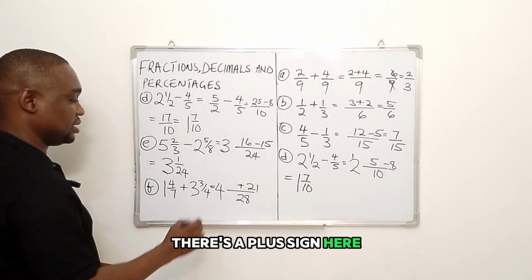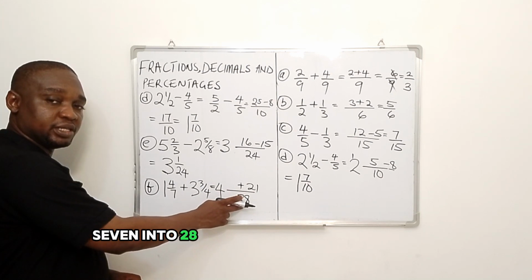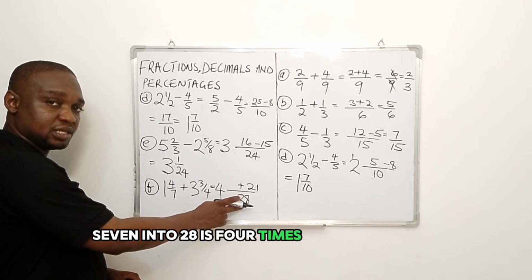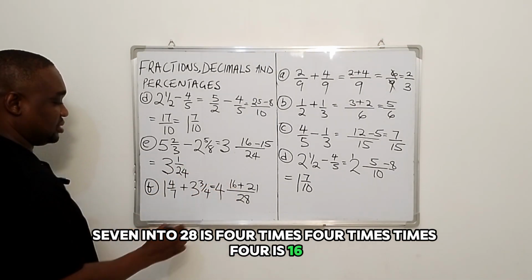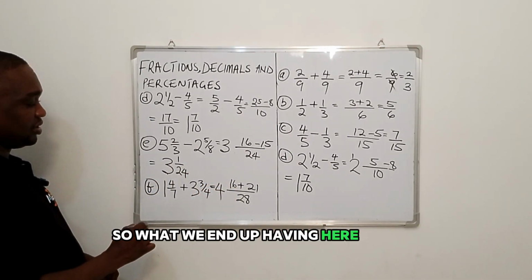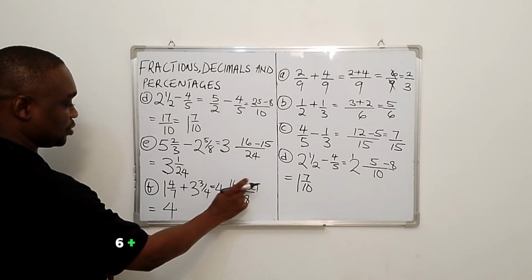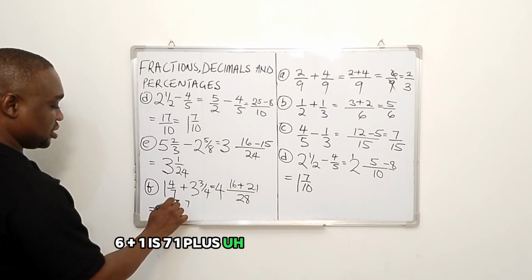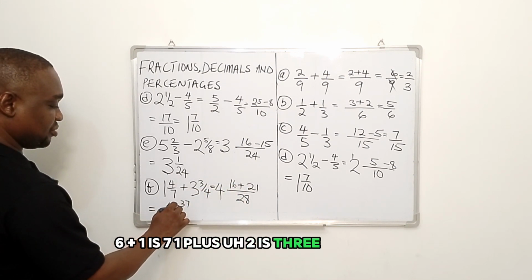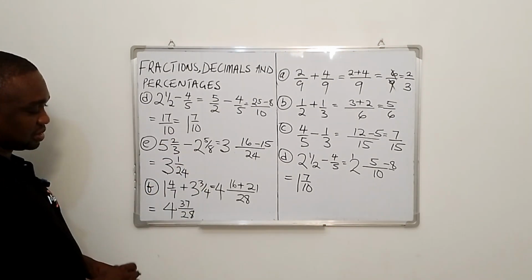There's a plus sign here. 7 into 28 is 4, times 4 is 16. So what we end up having here is 4 whole number, 6 plus 1 is 7, 21 plus 16 is 37 over 28.